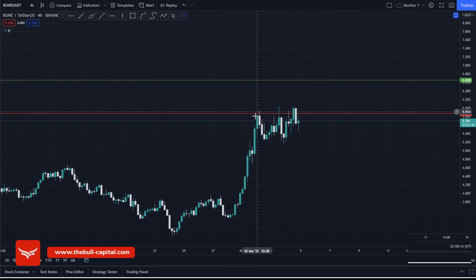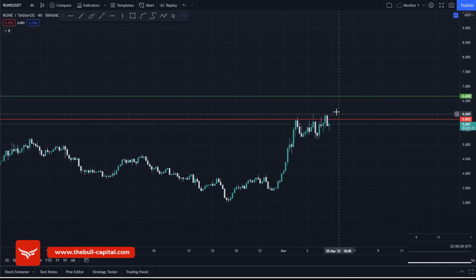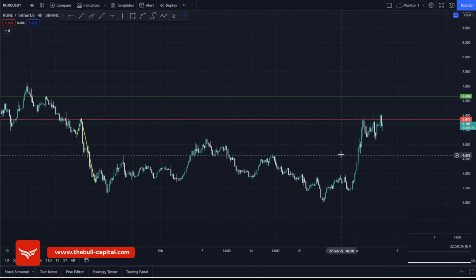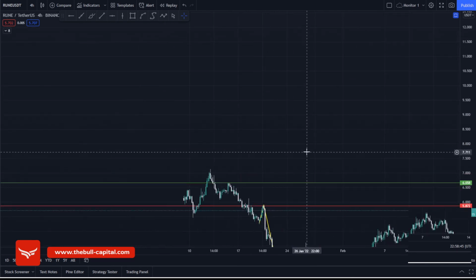You see it went the first time, it touched the second. We have multiple touches here. Actually here it went a bit higher, so that means this resistance won't hold too much. So this is how you use entries and exits on swings.